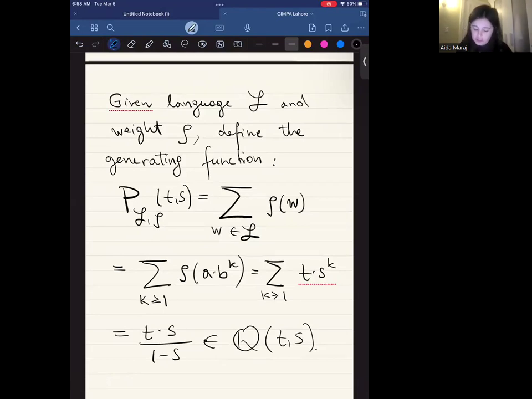Given a language, given a weight on it, we define a generating function, which is a power series. And this series sometimes is rational. In this case, it was rational.